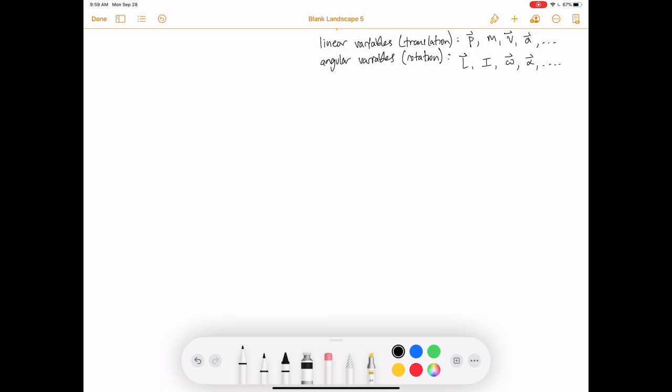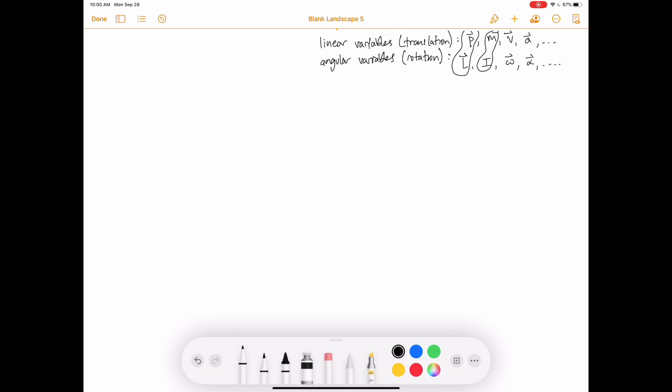Now, there's a direct correspondence between some of these. For instance, p and L are just the linear and the angular version of momentum. In a similar way, m and I are very similar types of quantities. They both tell you how resistant an object is to being accelerated. If an object has a lot of mass, it takes a lot of force to get it to start moving.